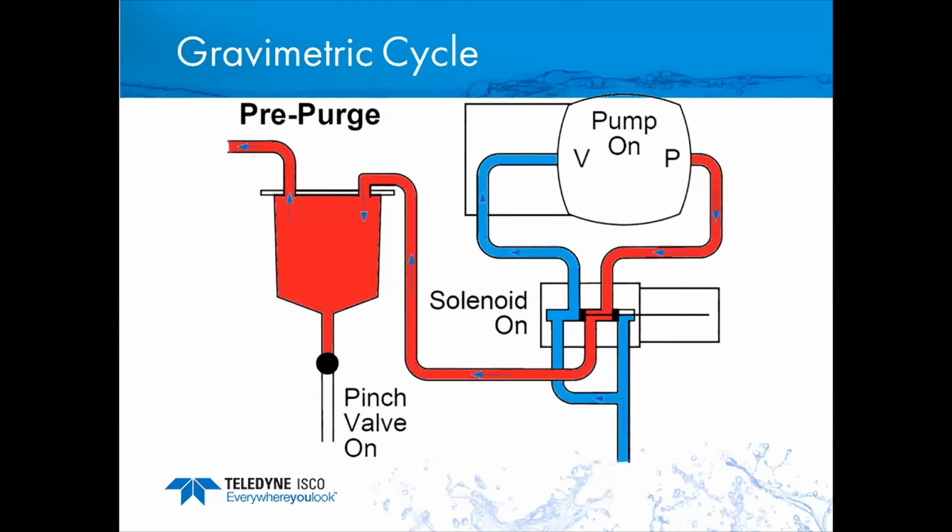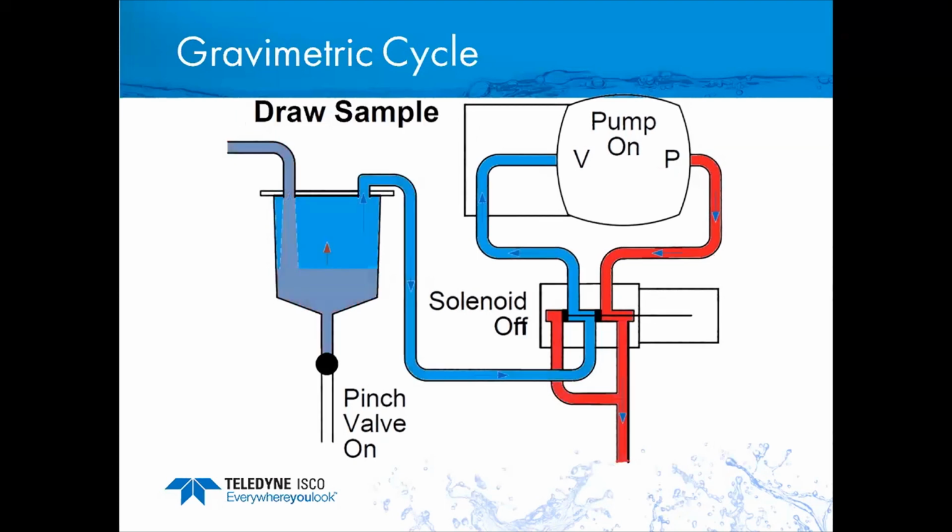Then it will turn on the pump, and the solenoid valve is positioned to pressurize the chamber and the line to remove any residual liquid that may have migrated up the line since the previous sample. Once that is finished, it will switch the solenoid valve and draw a vacuum in the chamber and the intake line to pull liquid in.